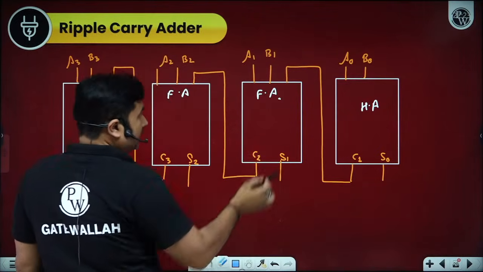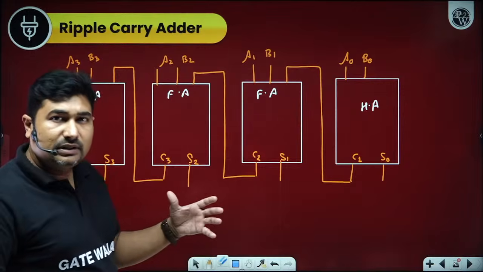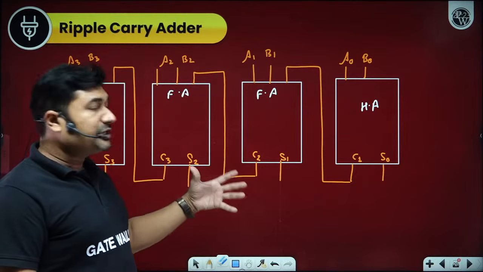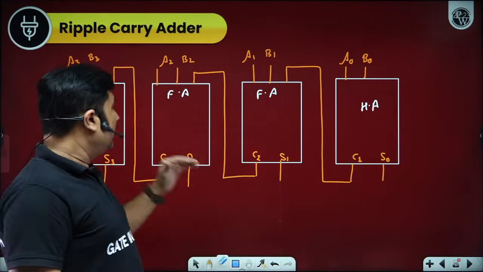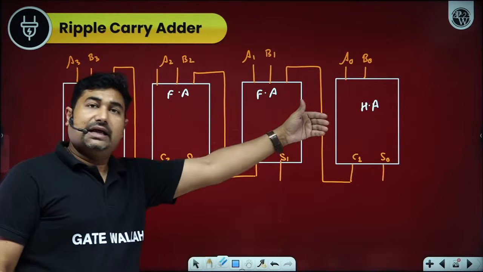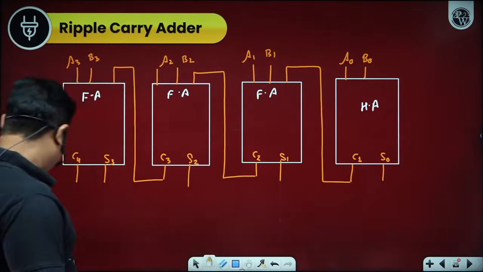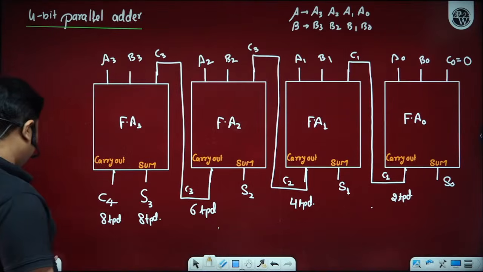It means if we have to perform addition of two n bit numbers, we can use n minus 1 full adders and 1 half adder.